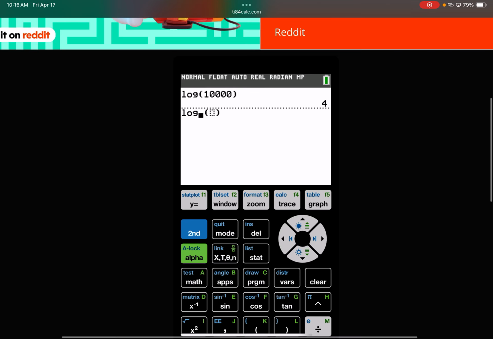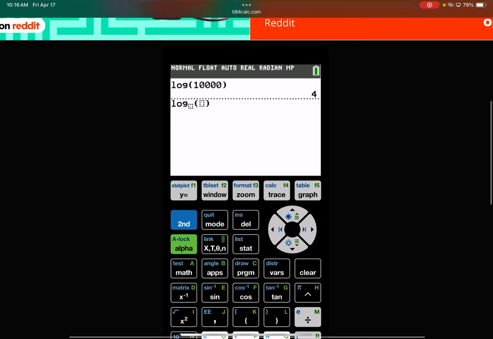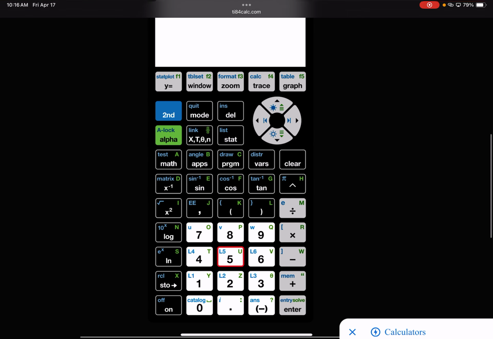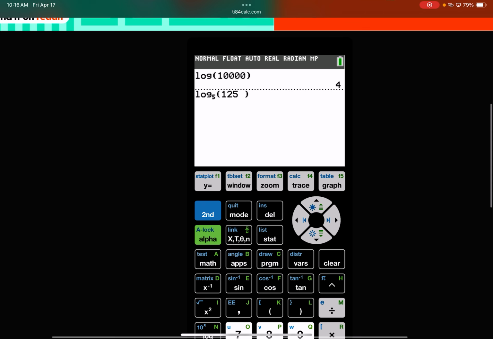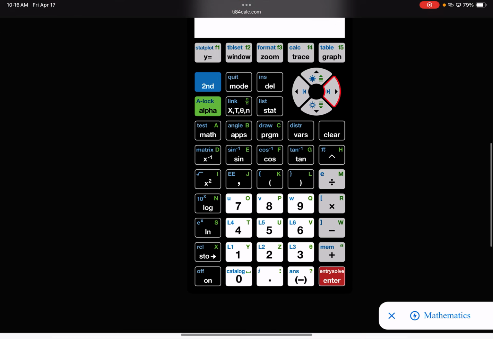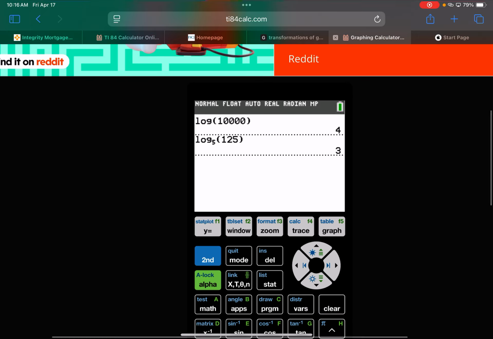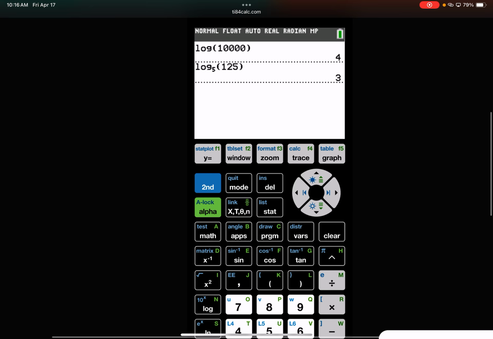So that one example we had, base 5 of 125 was equal to 3, right? If I hit enter, that gave me 3. So I can actually enter in whatever I want.